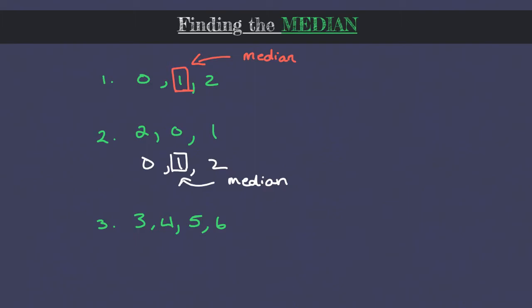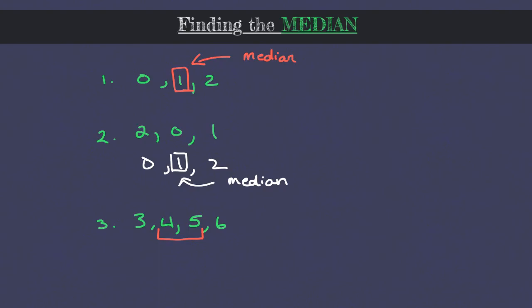Well, what you're going to do is imagine first that this was not written in ascending order. Then I would have to do that first. And then I would take the two middle numbers that pretty much are at the middle of my data set, and I would have to find the average of those numbers. Now, if you're not sure how to find the average, we're going to do that right now. But if you want more practice, I'm going to link the video below on finding the average of a set of numbers as well.